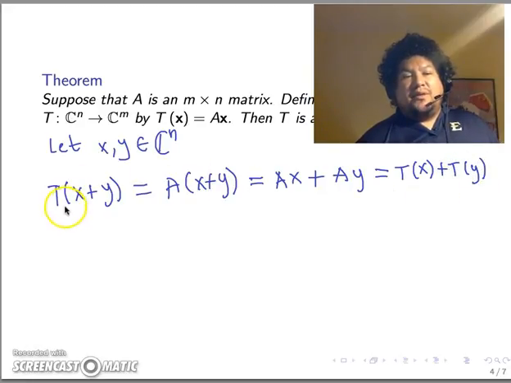So we started with the transformation evaluated at the sum, and we obtained the sum of the transformation evaluated at each individual vector.